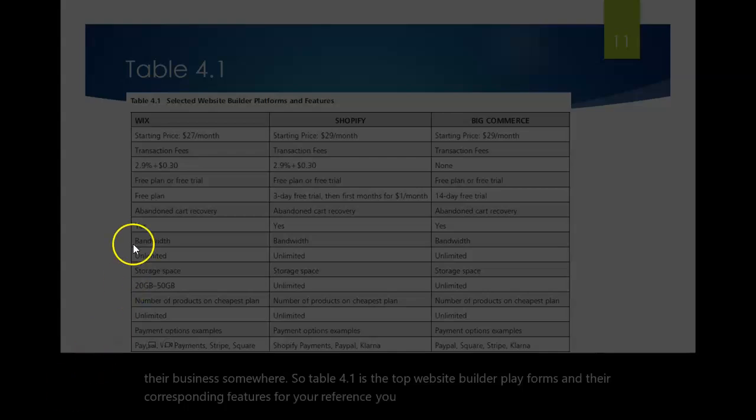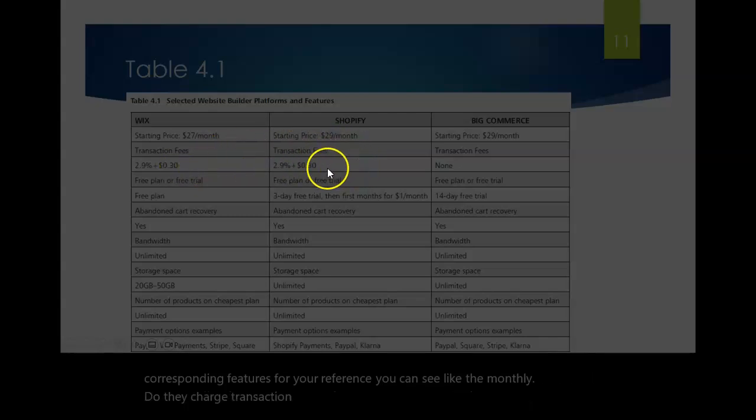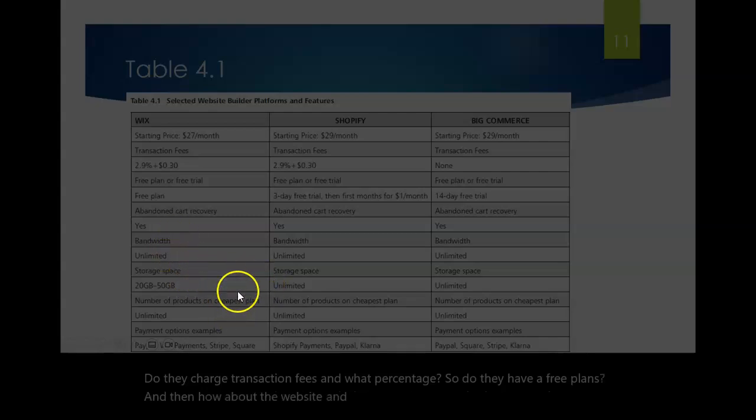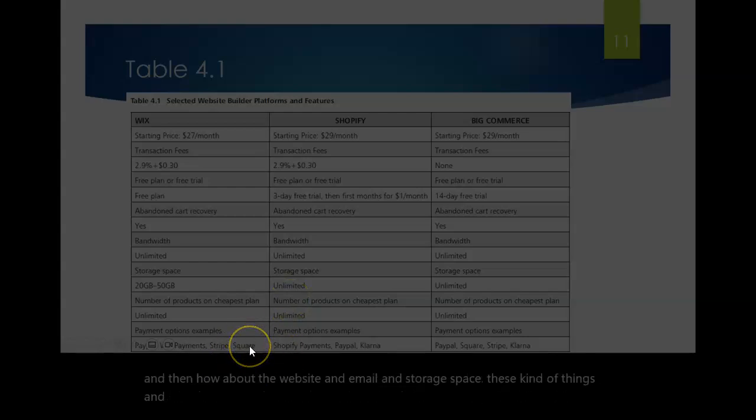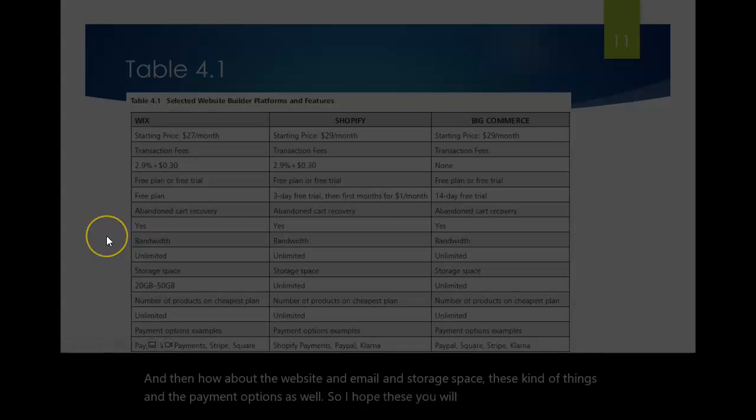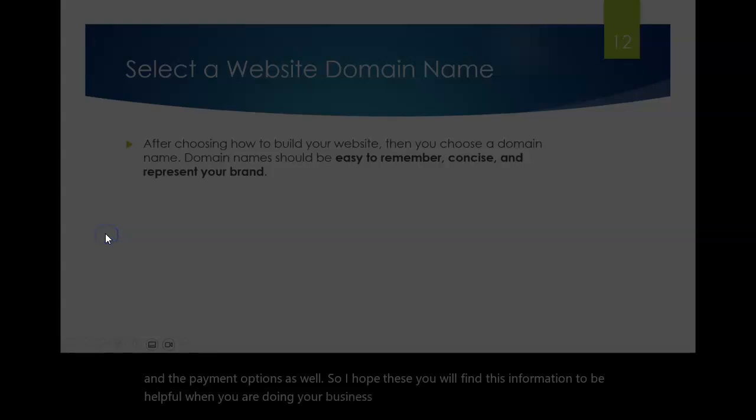You can see the monthly fee, whether they charge transaction fees, and what percentage. Do they have free plans, and how about the website, email and storage space, these kinds of things, and the payment options as well. So I hope you will find this information helpful when you are doing your business plan.